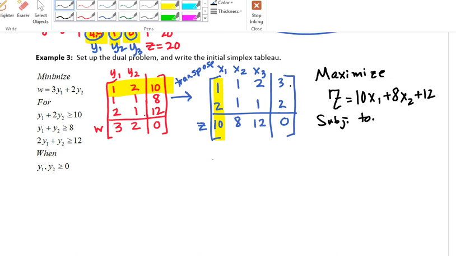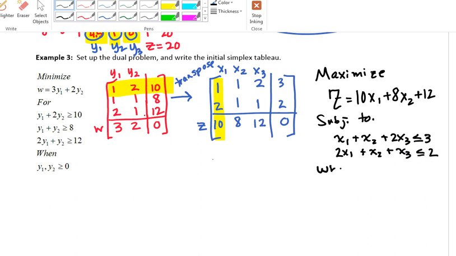My constraints, I have two constraints. The first one is x1 plus x2 plus 2x3. And remember, in a standard minimum problem, all your inequalities are greater than, but in a standard maximum problem, all your inequalities are less than. So less than or equal to 3. And then 2x1 and x2 and x3, and that'll be less than or equal to 2.